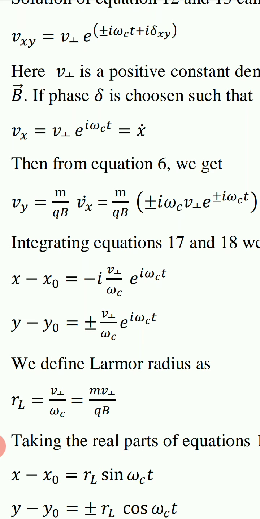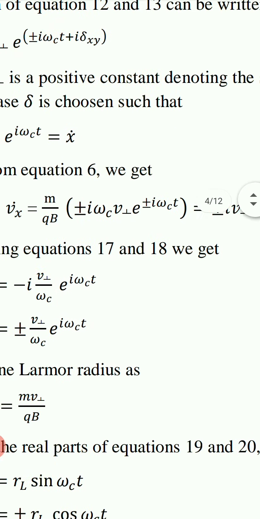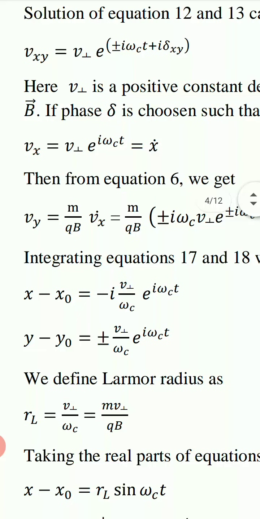This phase delta, whether it is delta x or delta y, if we choose it such that Vx equal to V perpendicular e to the power i omega c t, we take the positive sign in e to the power plus minus i omega c t, then we choose this delta for the solution of Vx as 0.